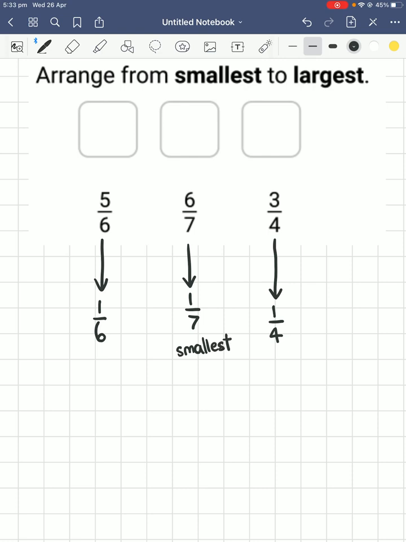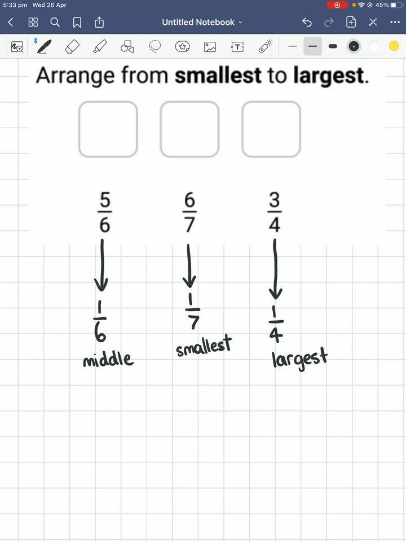Imagine that my whole was cut up into 7 parts. Obviously, one of those parts, 1/7, is going to be smaller than if it was cut into only 6 parts or only 4 parts. My middle fraction will be the one with 6 in the denominator, and of course my largest fraction is going to be the one with the smallest denominator because it wasn't cut into as many parts, so each part is going to be larger.